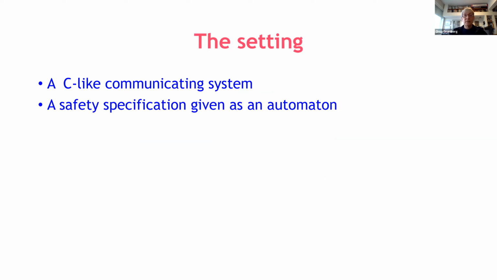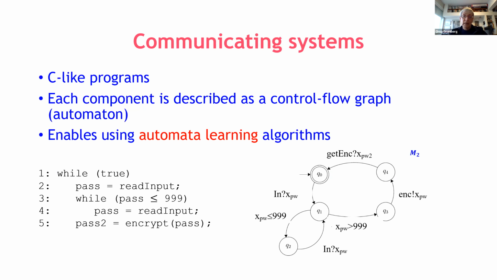So our setting is communicating systems and a safety specification given as an automaton. So here we have a program. It reads a password from some environment. It checks whether the password has at least 4 digits. If not, it reads another password and so on until the password is long enough.